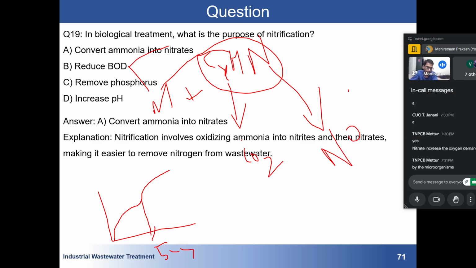For that we have nitrogenous biochemical oxygen demand. There will be nitrates also, so for that conversion we need some kind of oxygen. I hope you have understood it. I forget what will be on the y axis, but it's something like this only.